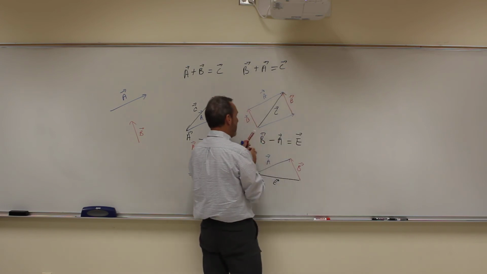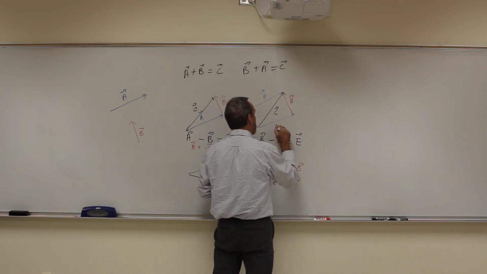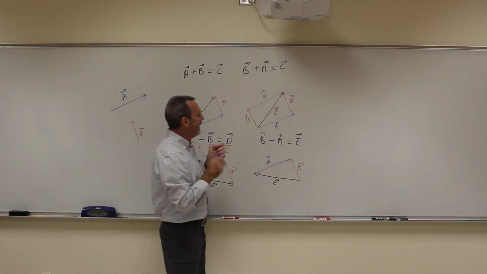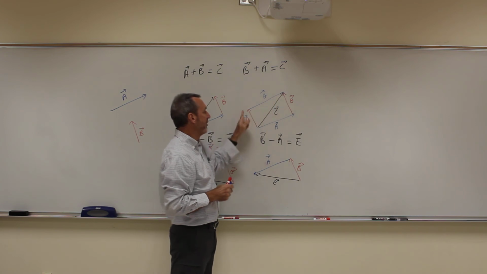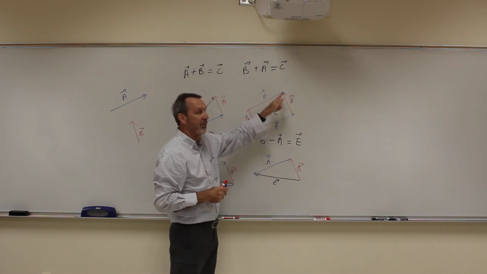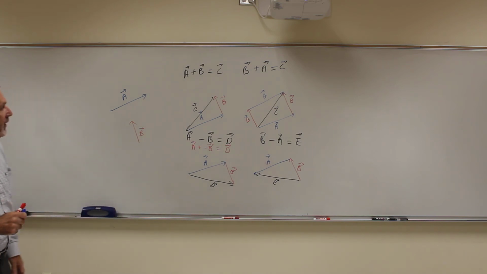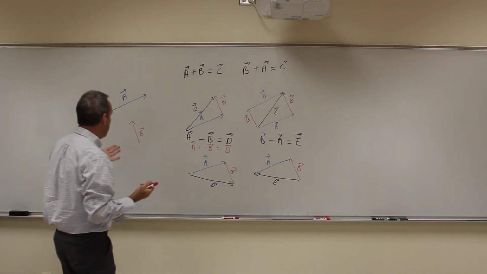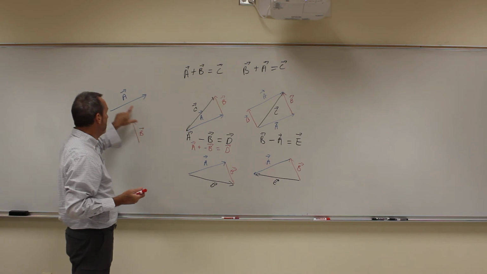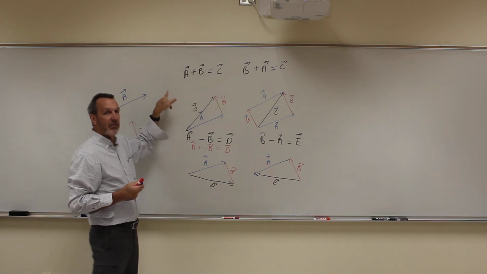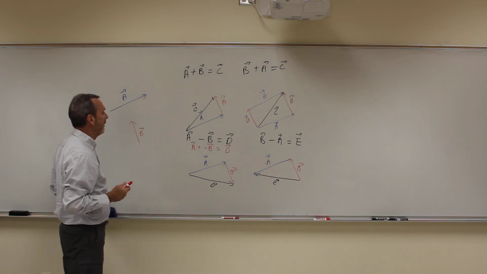So when you're adding vectors, they can sometimes call it the parallelogram method. Essentially, you make a parallelogram and it's the diagonal of the parallelogram when you add them together. All right. So basically, when you're adding vectors, I always start with the first vector, take the next one, add the tail of it to the head of the first.